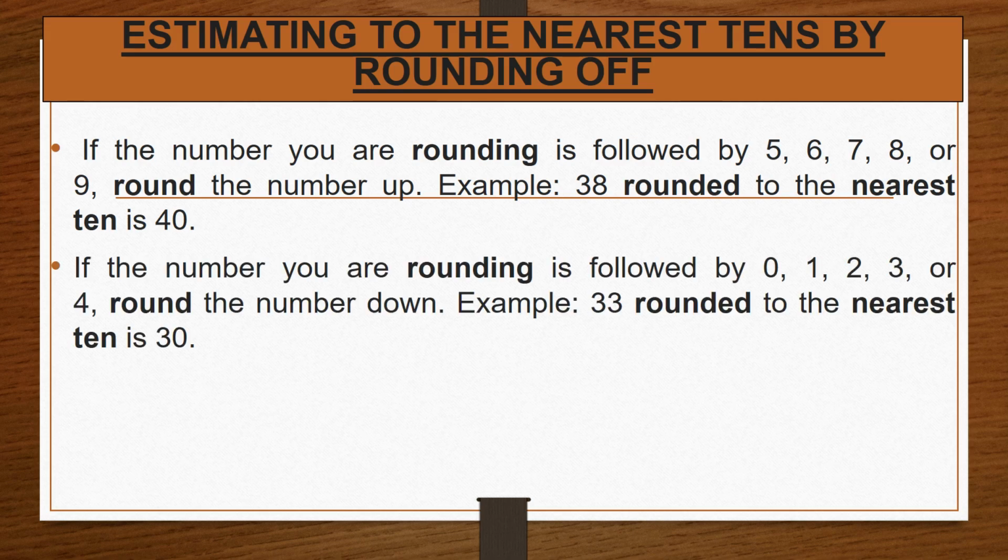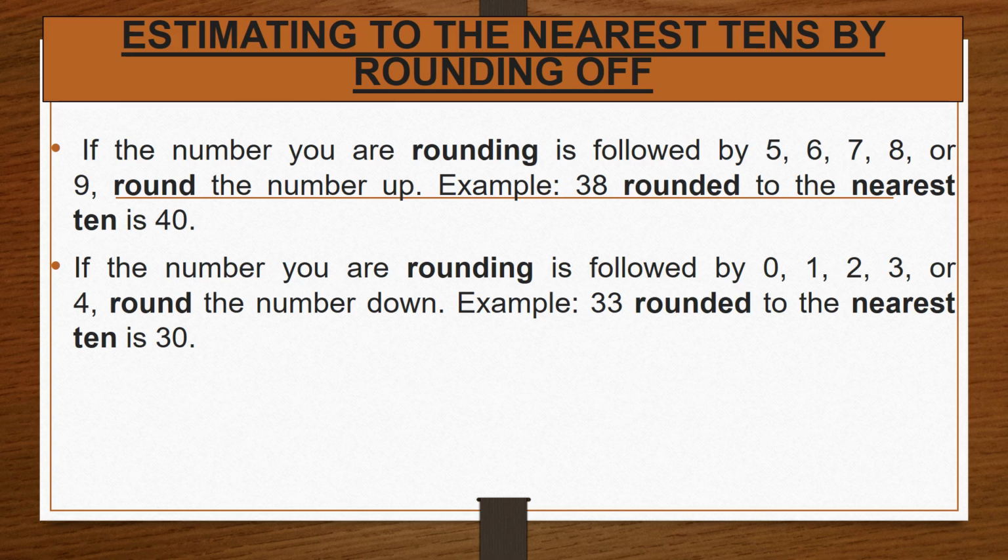If the number you are rounding is followed by 0, 1, 2, 3 or 4, round the number down. Example 33. 33 rounded to the nearest 10 is 30. See, in 33, ones digit is 3.